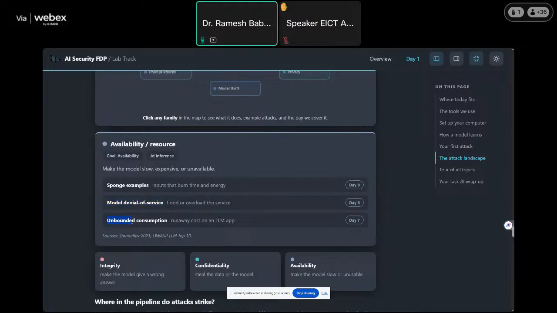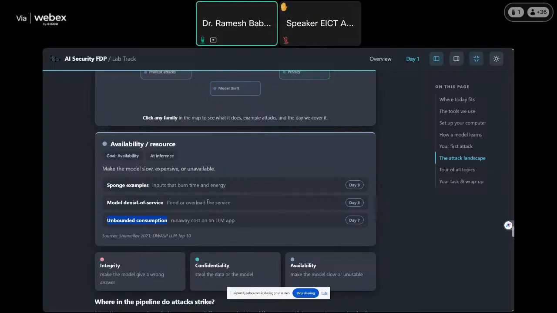Then next you have unbounded consumption. Again, it is very similar to sponge example attacks. Your goal is simple: to make the cost of your LLM go high. You come up with tasks which are very heavy on compute and cost. So these are the subcategories which will be taken on day 8 and 7.